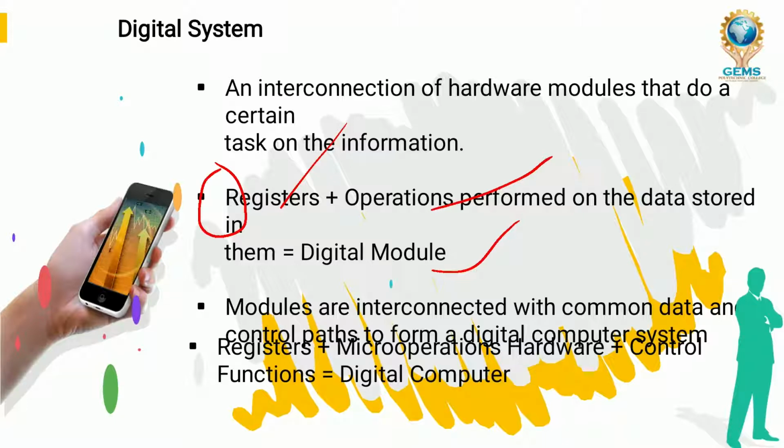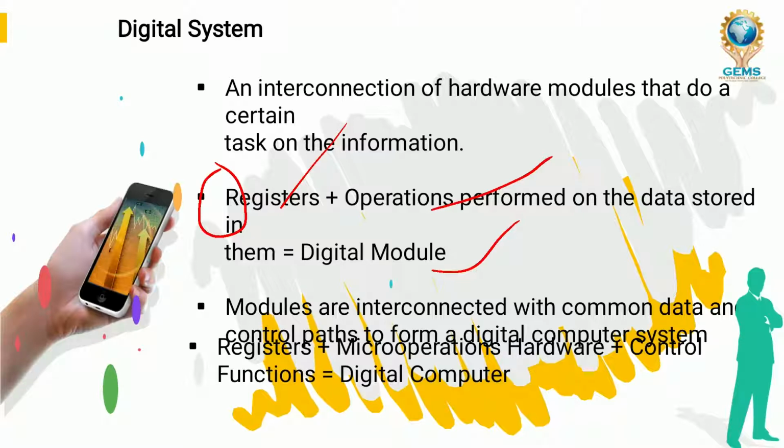These operations plus registers equal a digital module. Simple. What is a digital module? A digital module is a register that contains data with the operations. That is called a digital module.